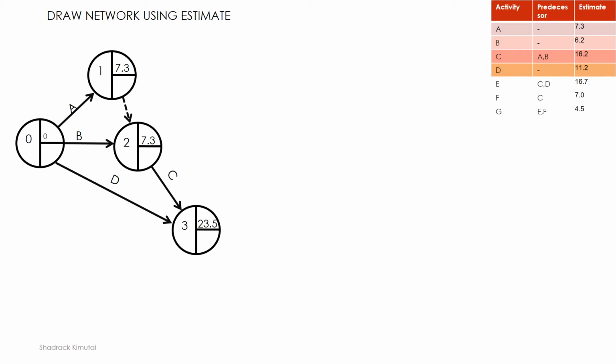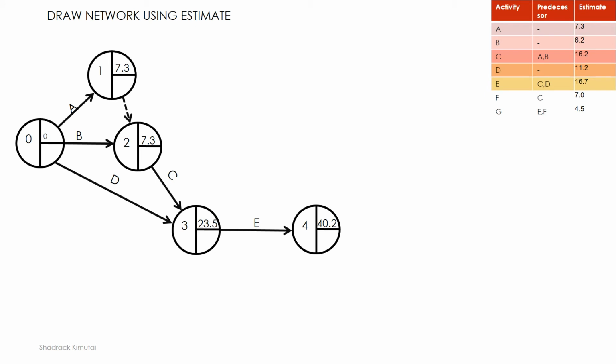So in this case, we'll have 23.5 versus 11.2. You'll find that 23.5 is the larger value, meaning that activity C will take longer to complete than activity D, meaning that also D has some float. So we'll have it as that. So the end event for D will be 23.5.